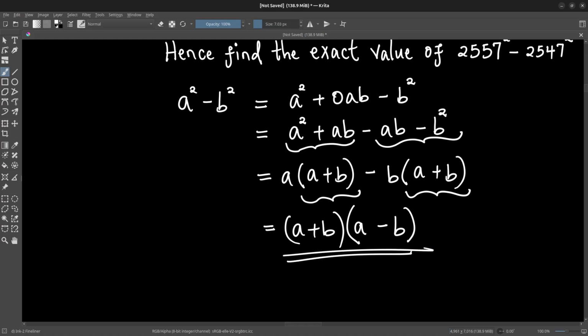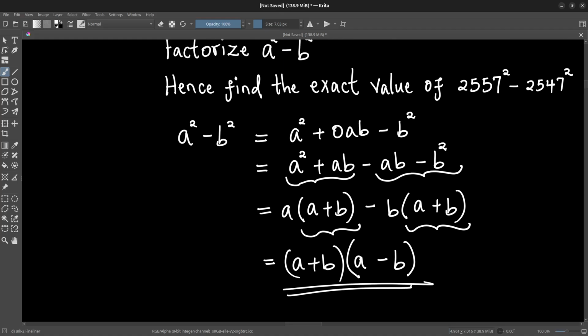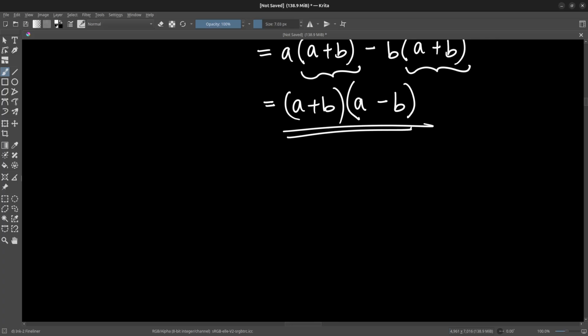Now, the next part of the question was find the exact value of 2557 squared minus 2547 squared.